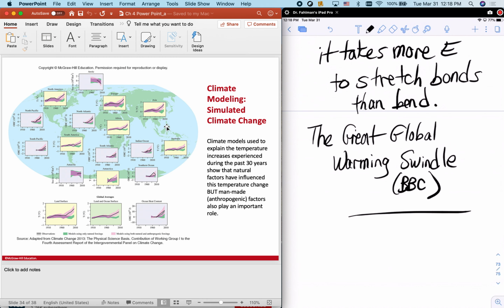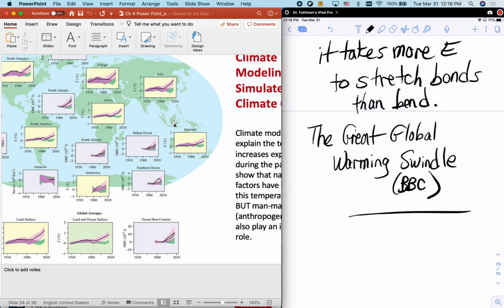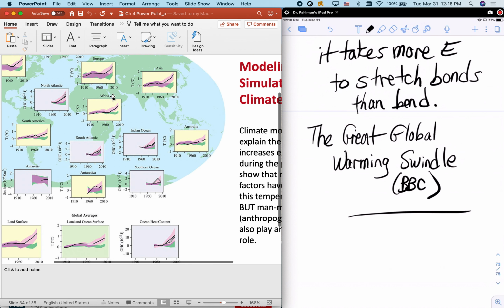and the black curves here, I don't know if I can blow this up so you can see it. So these are different continents on Earth, and you can see the black is the actual data for average temperature in that part of the world. And then they looked at modeling it based on natural cycles. So sun activity, for instance, that's the green.